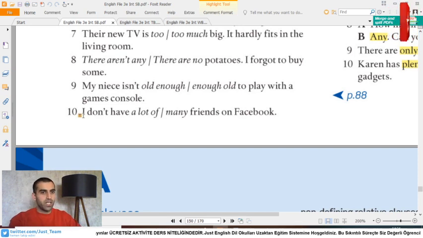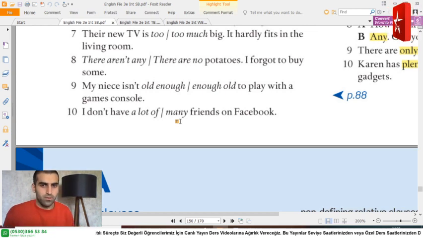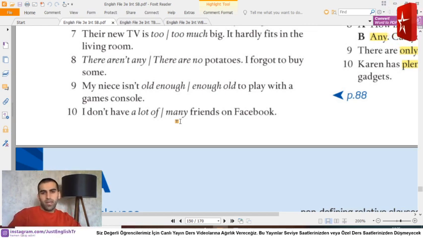So the last one, number 10. I don't have a lot of or many friends on Facebook. I don't have a lot of friends on Facebook or many friends on Facebook. Which one is correct? A lot of or many? A lot of friends or many friends? Melis Işık says many.